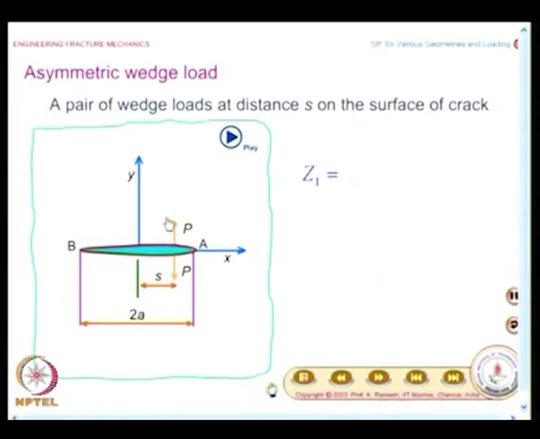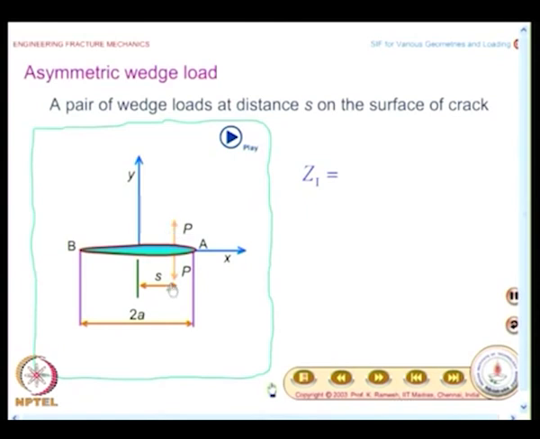We had seen a case where you had uniformly applied remote loading, then the biaxial loading situation, then symmetric loading on the crack faces. In all those cases, when you have a center crack, both the crack tips had the same stress intensity factor, which will not be the case when I have an unsymmetric load like this.